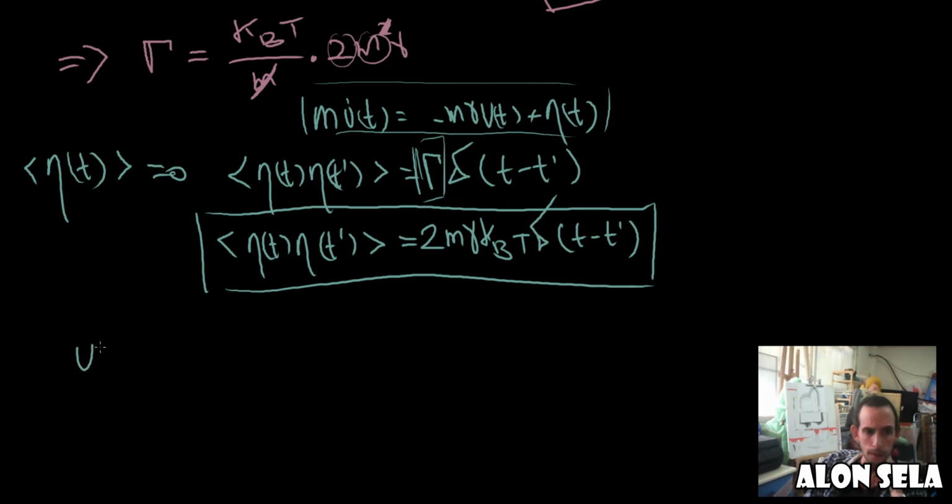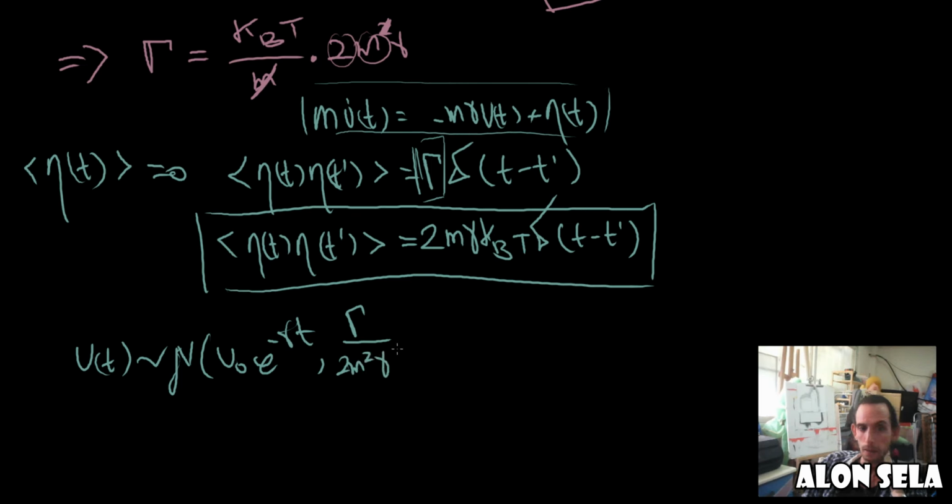So we said that for the Langevin stochastic differential equation, the velocity at time t is a Gaussian process with expectation v0 e to the minus gamma t and variance Gamma over 2m squared gamma times 1 minus e to the minus 2 gamma t. And we've just found Gamma.